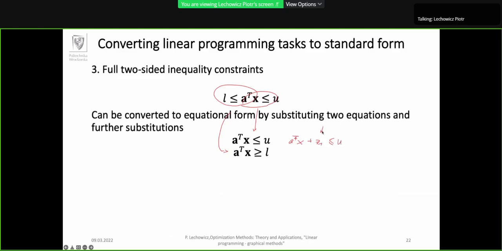And for this equation, A transposed multiplied by x minus z2 is greater or equal than L. So we have two new variables, z1, z2, and for both of them, we have to assure that they are greater or equal than 0, right? So this is how we can convert a two-sided inequality constraint into equality. Sorry, here should be equality, of course. That was the point of introducing additional variables.